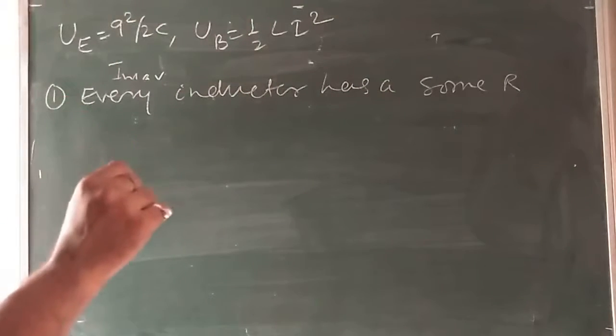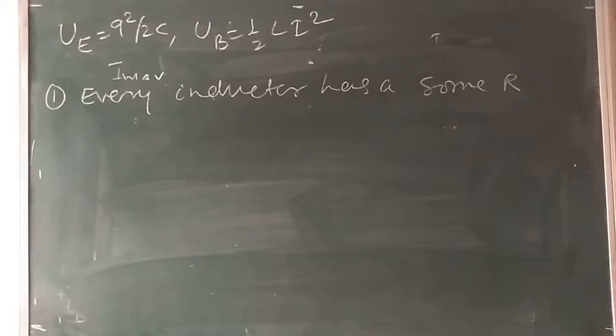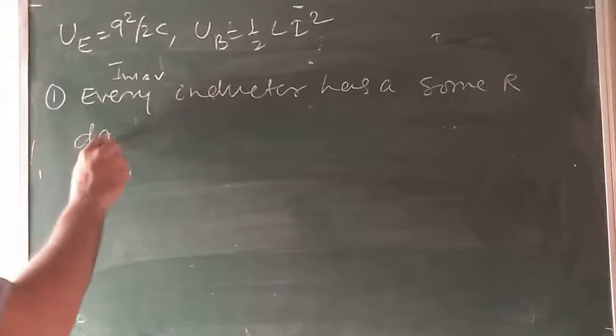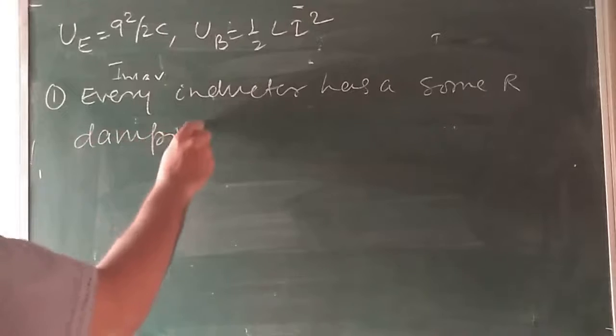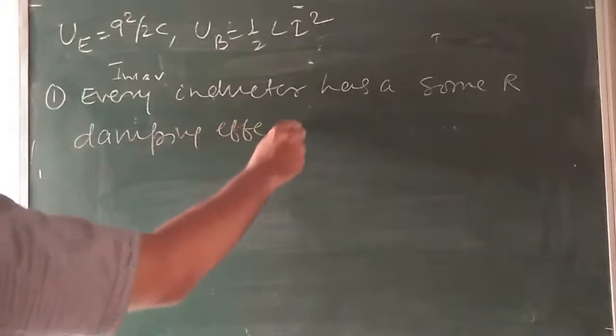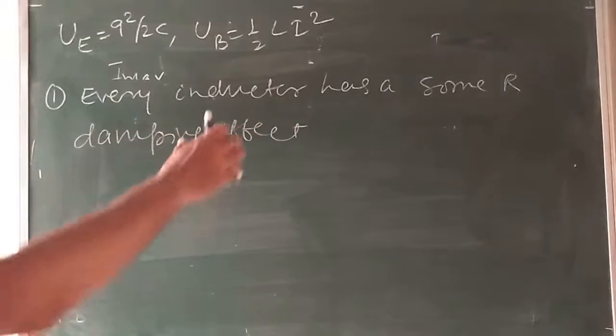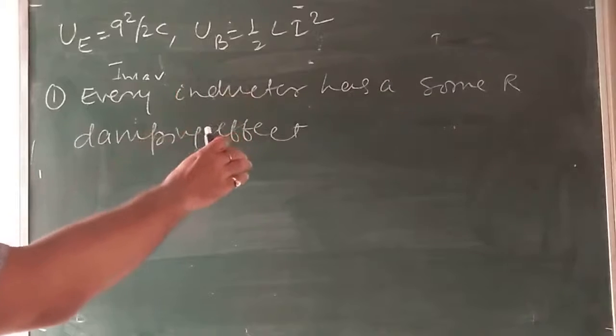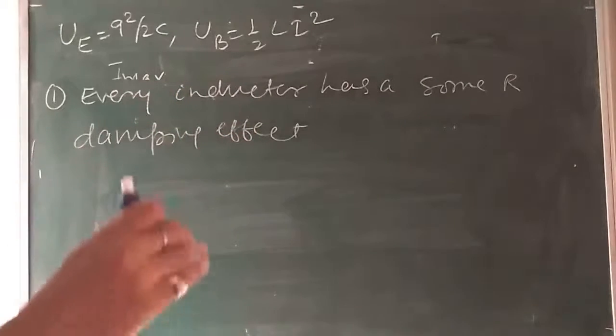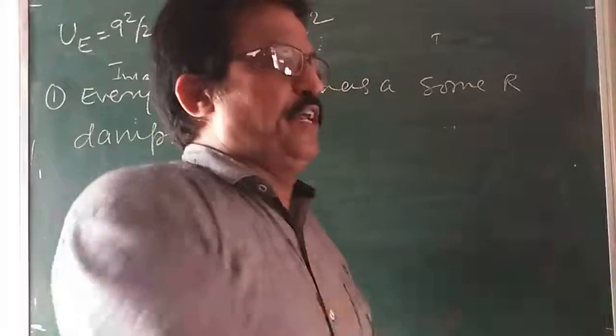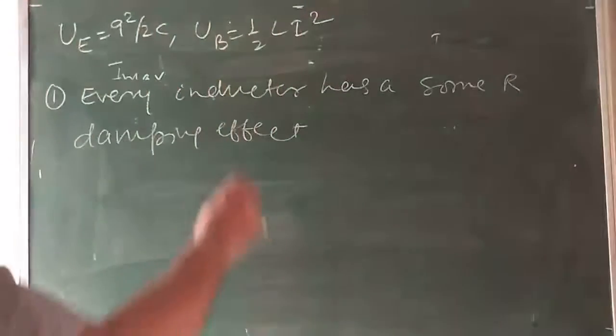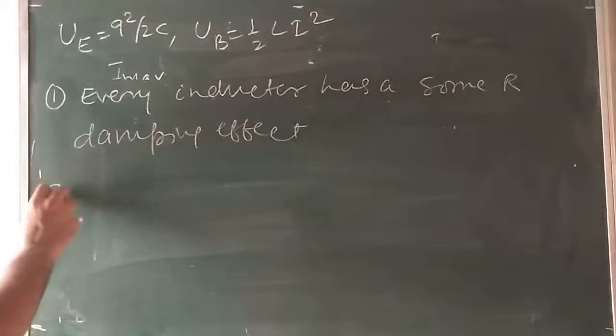So the effect of this resistance is to introduce a damping effect on the charge and current in the circuit. Hence, finally the oscillation dies away after some time. It is clear that this is due to the resistance.